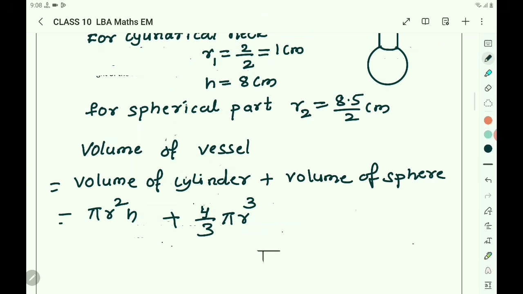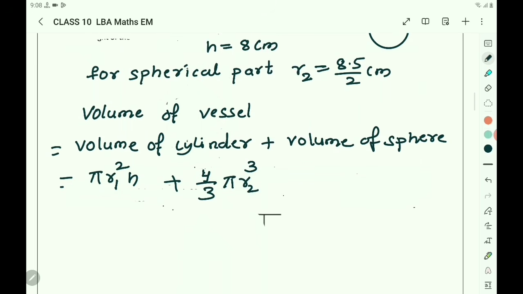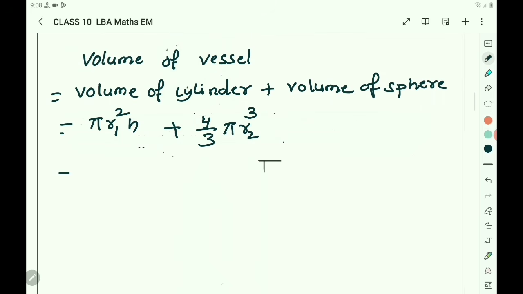Here for cylinder we have taken R1, then you write R1, and for sphere we have taken the radius R2, you write R2. That equals, here remove pi as a common, and R1 and R2 are different, you can't remove common here.